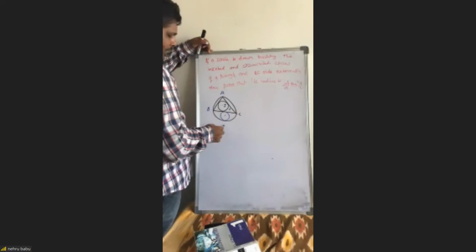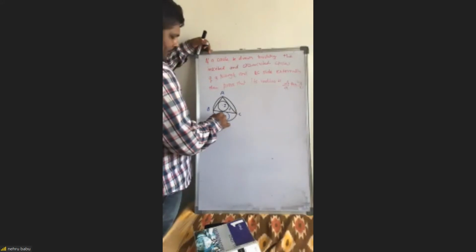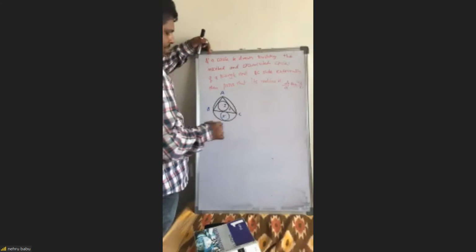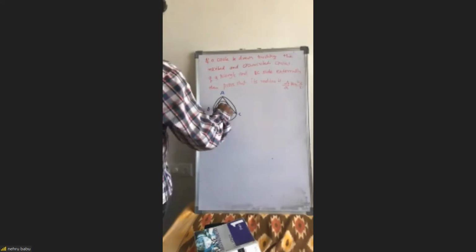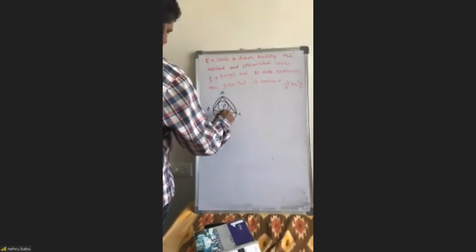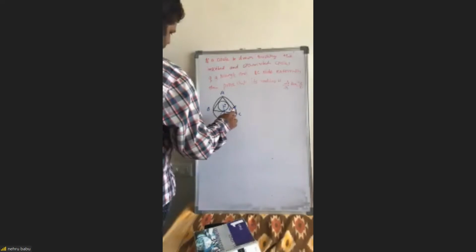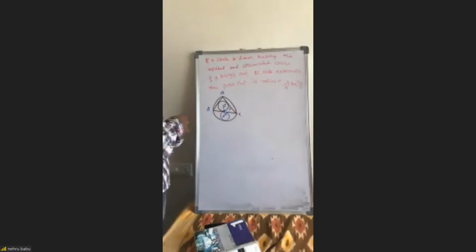And again this point is P. Now we want to find the circle's radius X, which we have to show is delta by A tan square A.